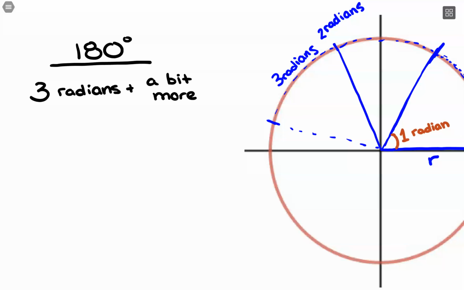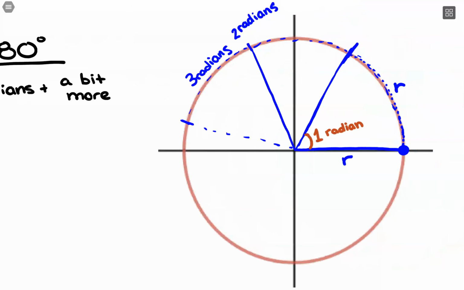Well, what's a common number that we've seen a lot? This idea of 3 and a little bit extra, that's not a pretty number, is pi. And that's exactly what's happening. This is hard to do physically with a piece of yarn, but if you lay down that piece of yarn pi times, so 3 and a little bit, it lands exactly at 180 degrees.